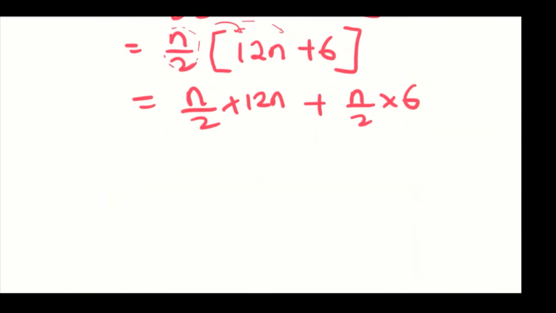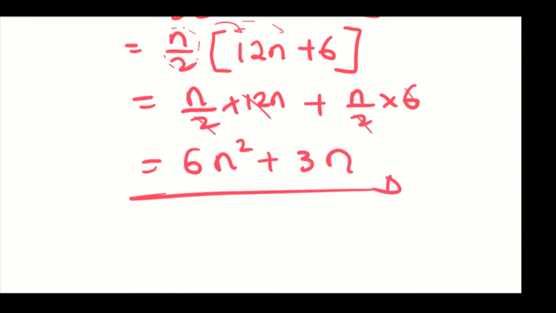So this 2 will divide from 12, then you get 6, and then n times n is n squared, and then this 2 will divide 6 and you get 3, so it's going to be plus 3n. So this is the sum of n terms, so it's definitely equal to the one that we are given.